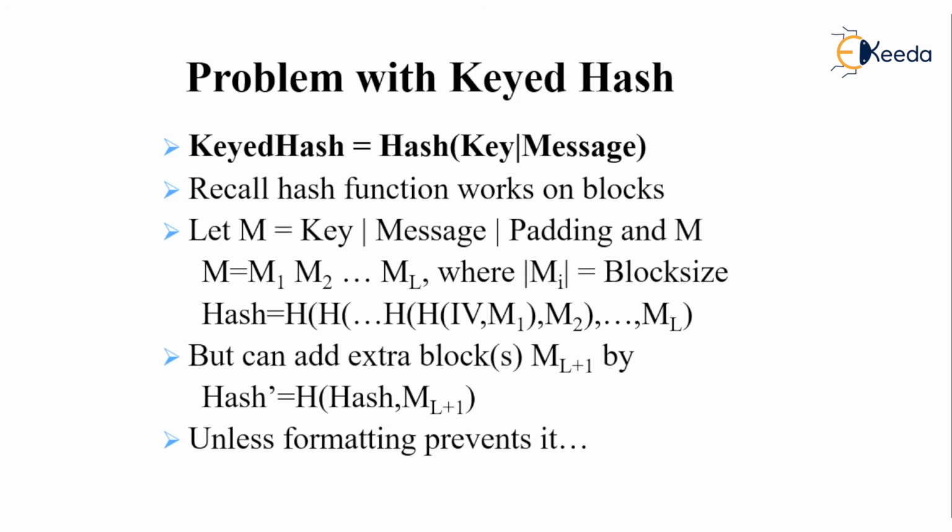Unless formatting prevents this addition of the extra block, we can resolve this problem to some extent, but then also it becomes somewhat difficult. So it is better to use HMAC instead of MAC.